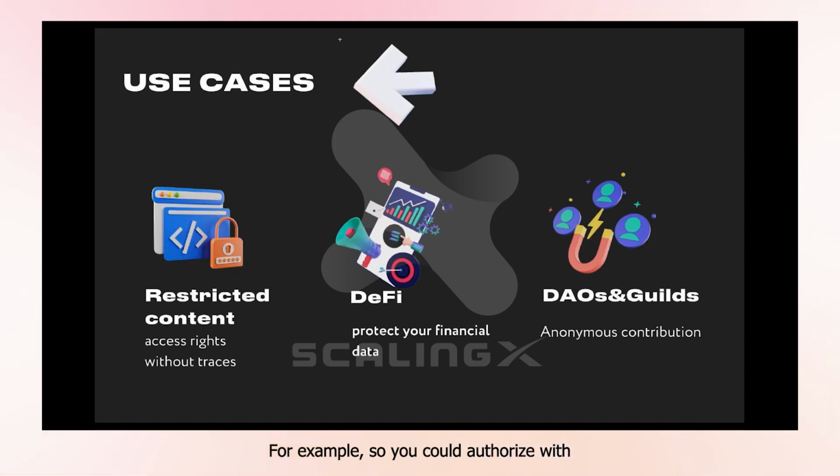So you could authorize with the zero knowledge proof, and then get access to some web page or anything. And the third, lowest hanging fruit that we can see is governance and voting based on the private community membership model.